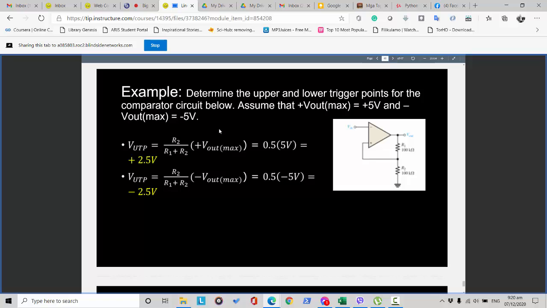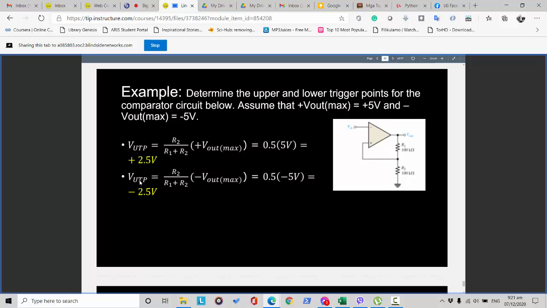So we can compute for that. The formula to get the UTP voltage is R2 divided by R1 plus R2 multiplied by the output voltage, which is 0.5 times 5 volts. That will be equal to positive 2.5.